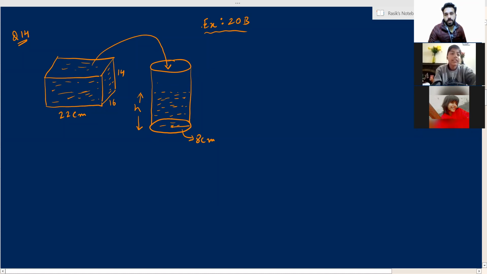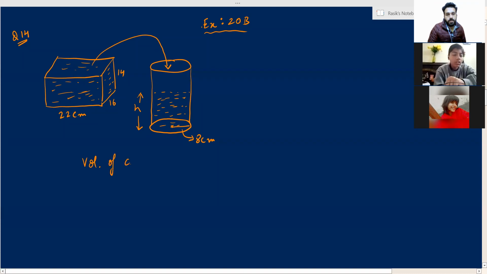The volume of water which is there in the rectangular vessel and the volume of water which will be there in the cylindrical vessel after pouring will not change because the same water is poured into the cylindrical vessel. So that means we can put the volumes equal.